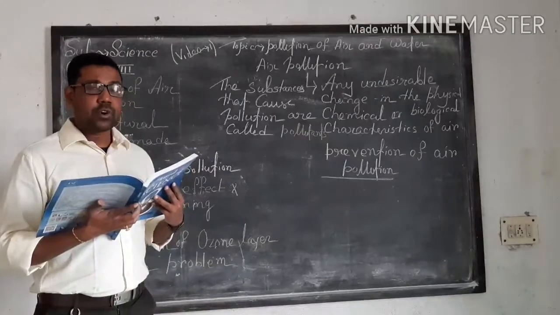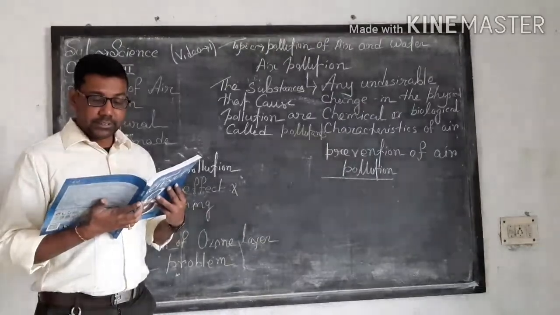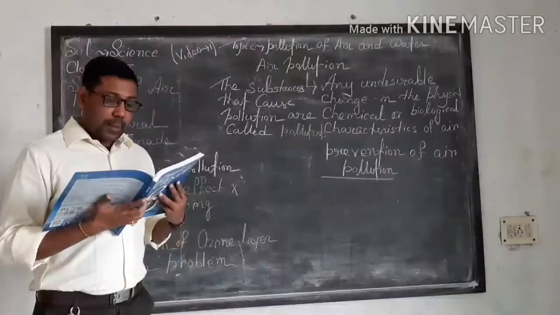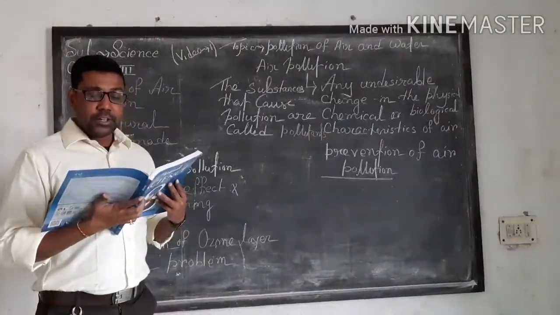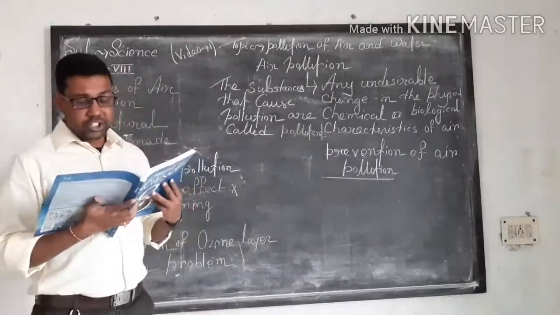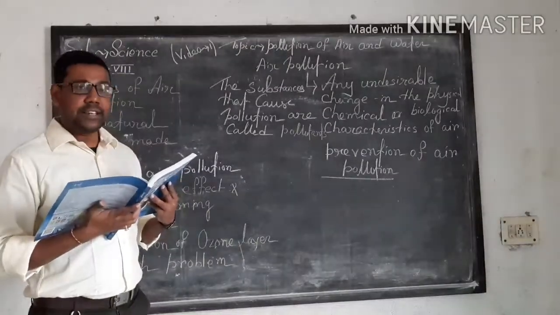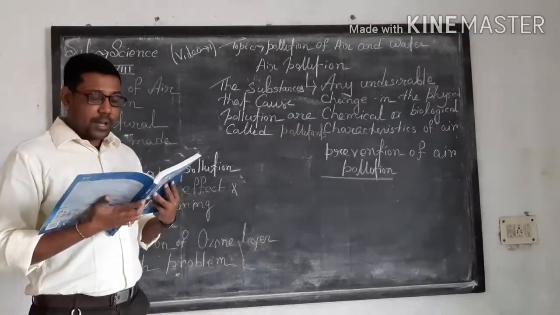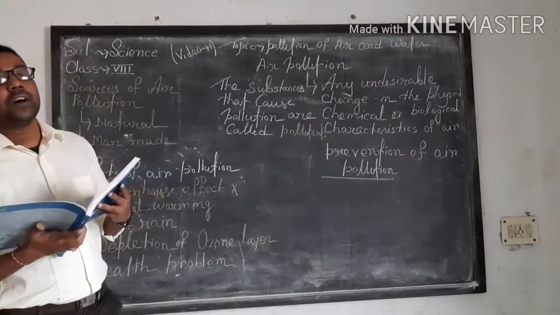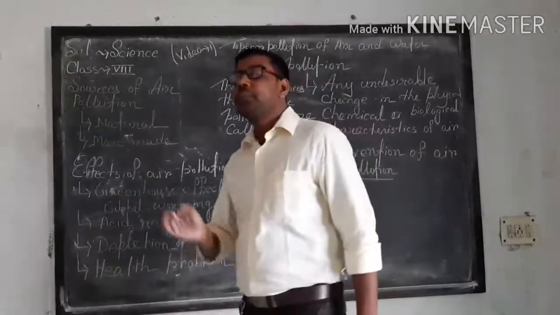Third, by installing tall chimneys in factories, and electrostatic precipitators should be used to reduce solid particulate matter. Also, by planting trees and nurturing the ones already present, as plants help to make the air clean. And the last one, by composting organic waste rather than burning it. So these are the ways, and if you follow them, we can prevent air pollution.